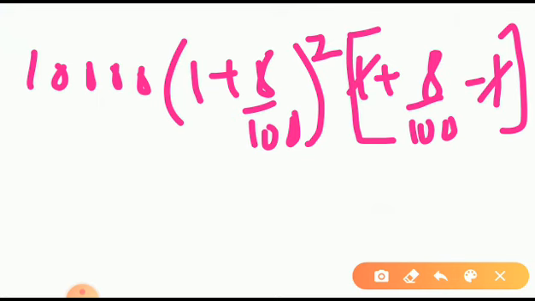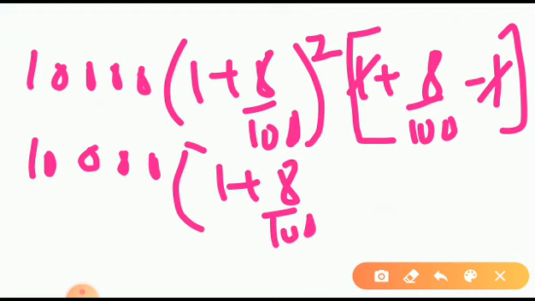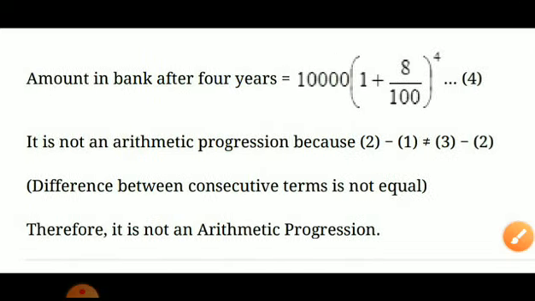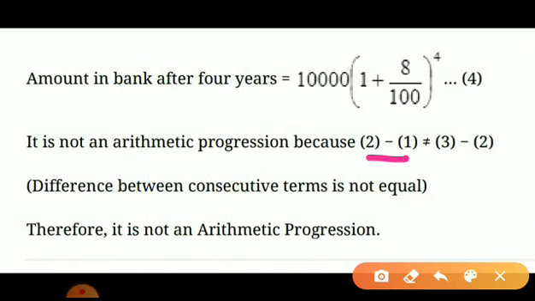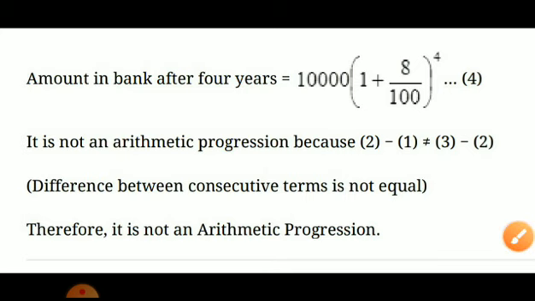This will get cancelled and I'll get 10,000 into 1 plus 8 by 100 bracket square into 8 by 100. Is it the same as the previous? No, you can just check it. The previous was 10,000 into 1 plus 8 by 100 into 8 by 100, and here you have the bracket square. So the two differences are not the same. The second term minus the first term is not equal to the third term minus the second term, and hence the given sequence is not in AP.